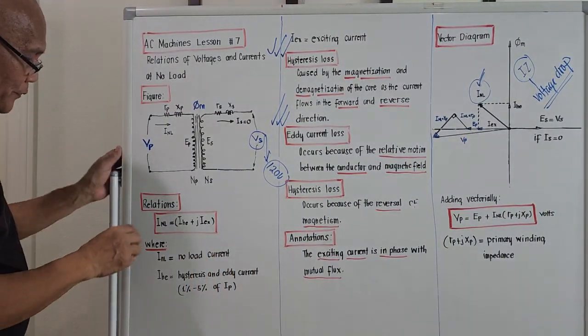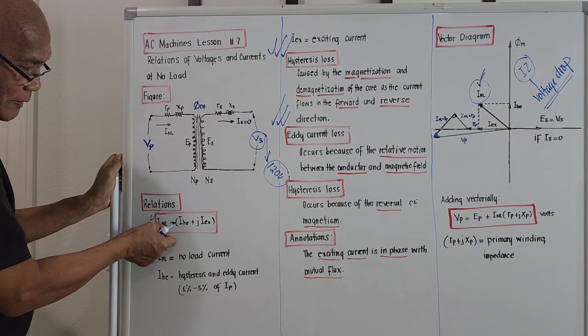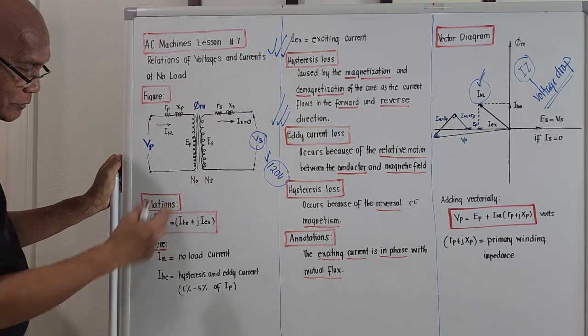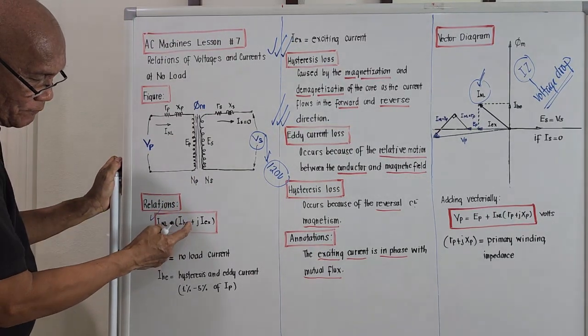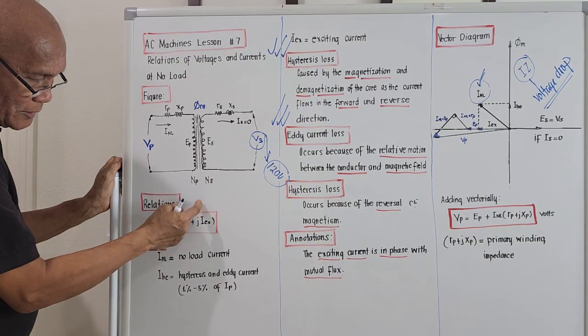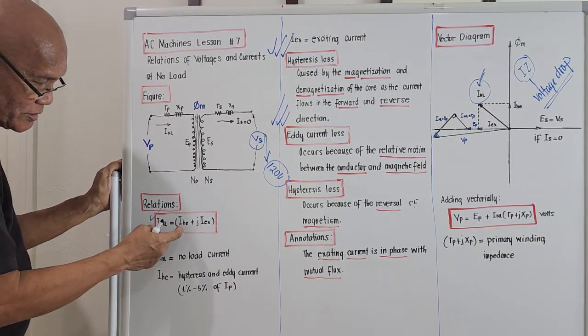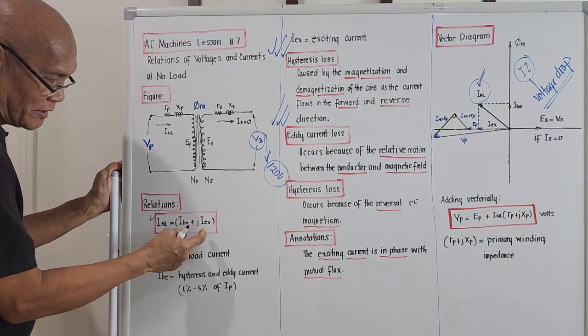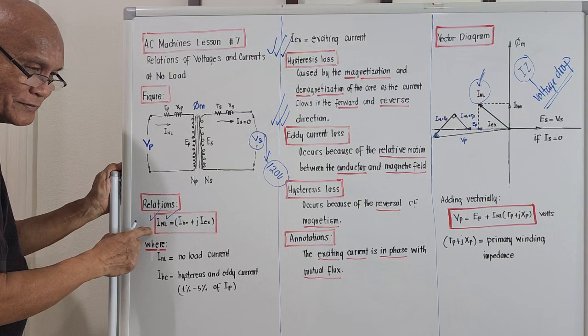I place it here. Capital letter I with the subscript NL, meaning no-load current, equals capital letter I with the subscript HE plus J, capital letter I with the subscript EX, meaning the hysteresis current plus J times the exciting current, is actually the no-load current.